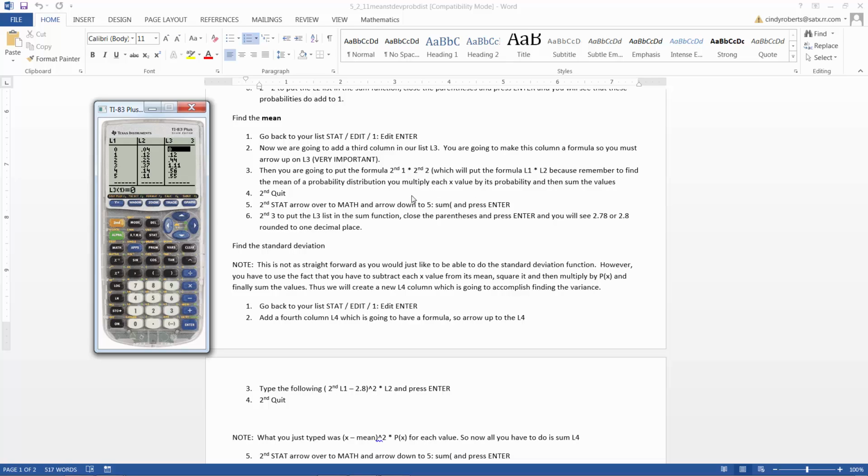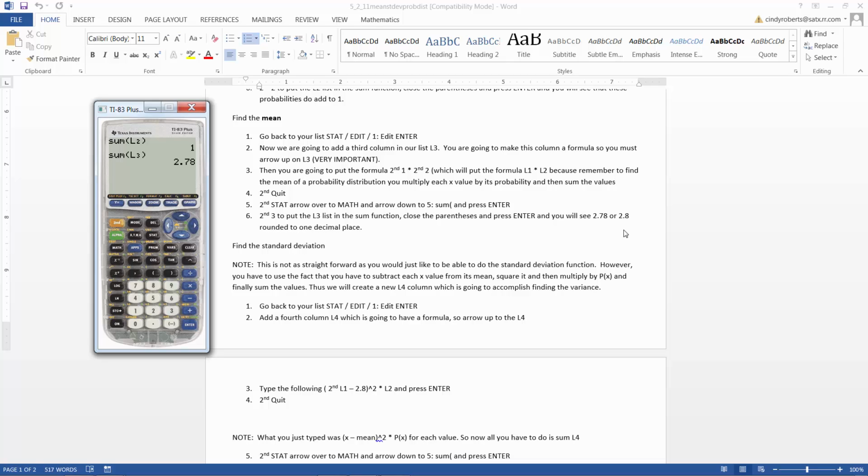So I'm multiplying each x value by its probability. And then I want to sum these. So I quit, go back to my math, go to sum, and now I want the sum of the L3 column. And that's where I get the 2.78, or 2.8 if you're rounding to 1 decimal.